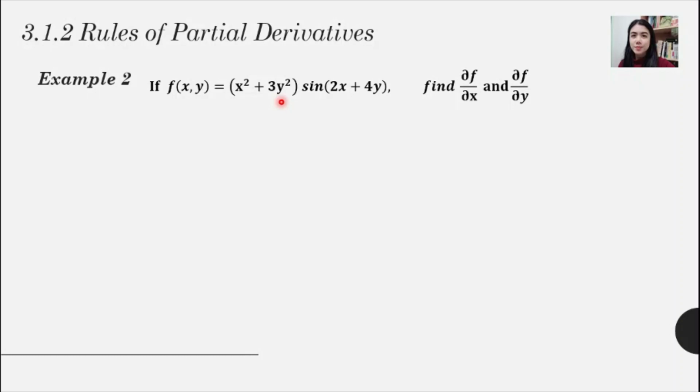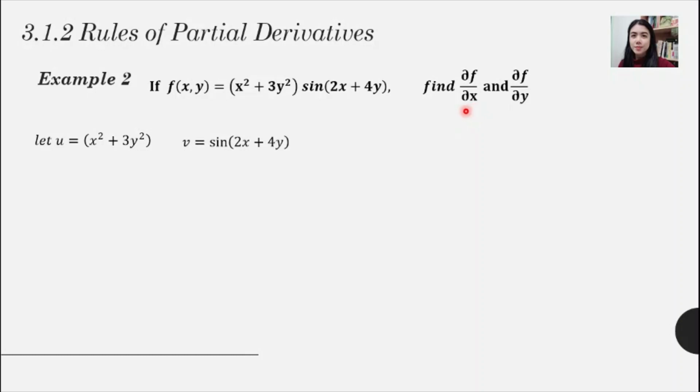Okay. So if you want to use the product rule to solve the partial derivative, you have to let u and v. So let the first one be u and let the second one be v. Now we are looking for the differentiation. We have to differentiate the function f with respect to x.